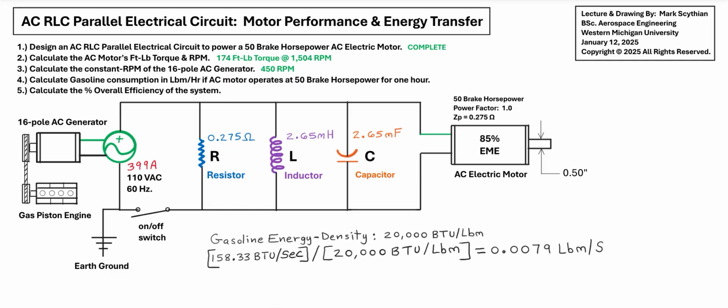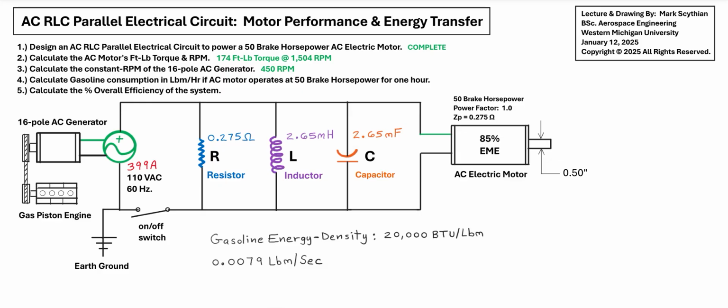So every second the piston engine is consuming 0.0079 pounds per second of gasoline combustion, and then this is multiplied by 3,600 seconds to an hour. So we calculate 28.44 pounds per hour of gasoline consumption.